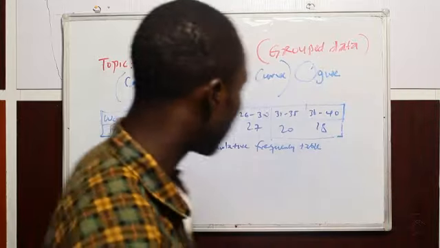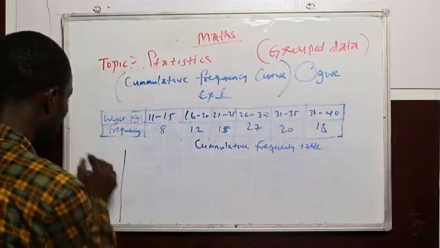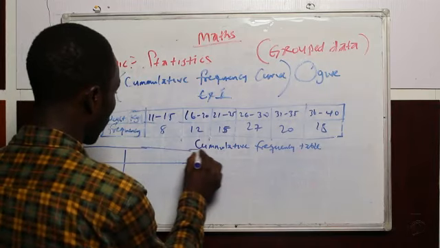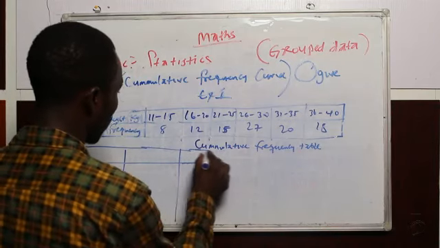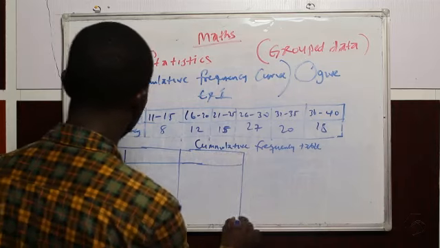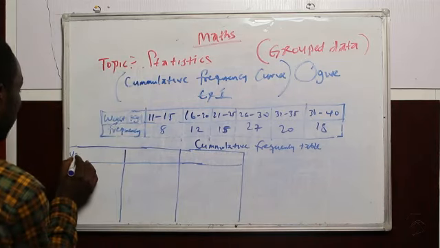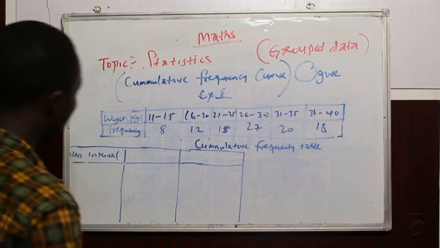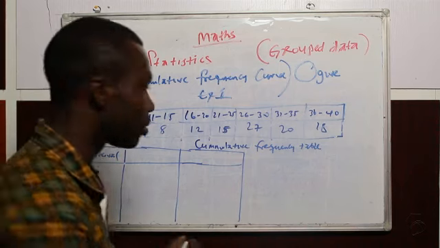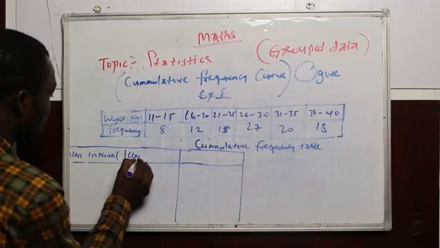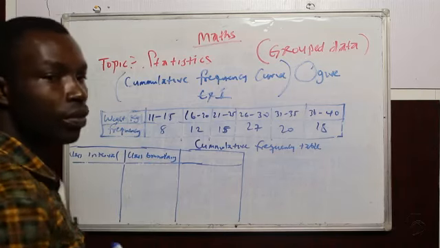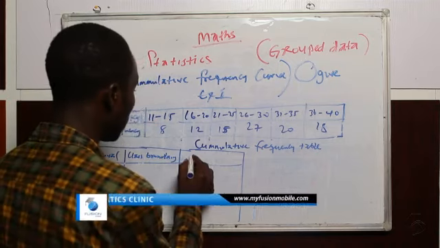First, let's start with class interval. Here, we have the class interval. The next one, we have the class boundary. The next one, we have the frequency.